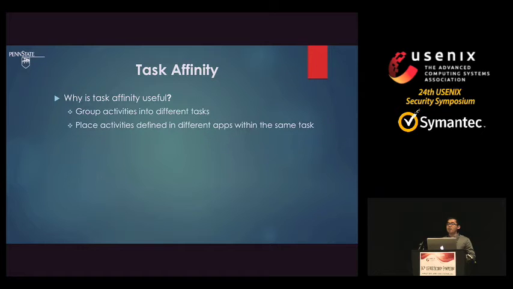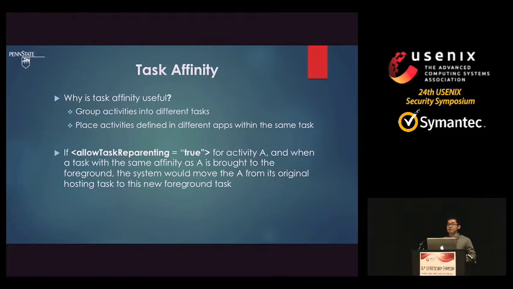It is useful when developers want to group activities into different tasks. For example, the activities may have very different functionalities, and the developer intends to put them into different user sessions. And secondly, developers can also place activities defined in different apps within a single task.